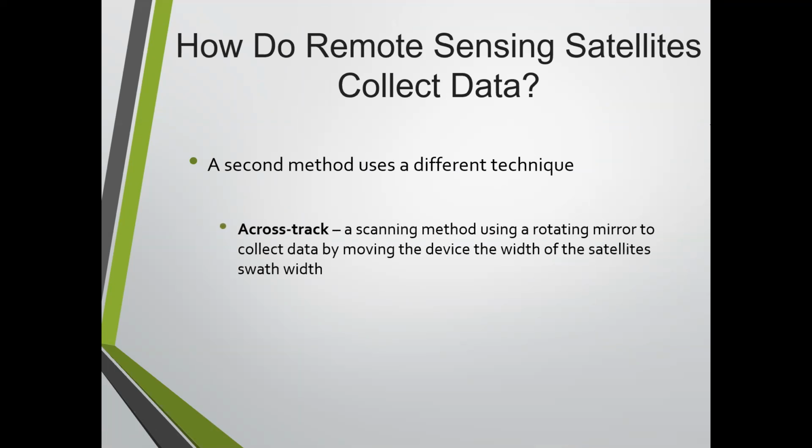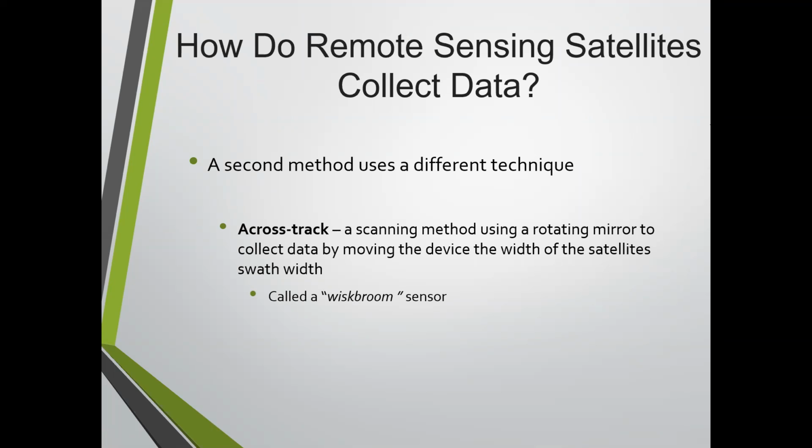A cross-track scanning method uses a rotating mirror, and this thing sweeps back and forth. It'll sweep left and right, so you have two motions going on here. You have the satellite moving along its track, but perpendicular to that you have a sweeping motion, and this is referred to as a whisk broom type of sensor.